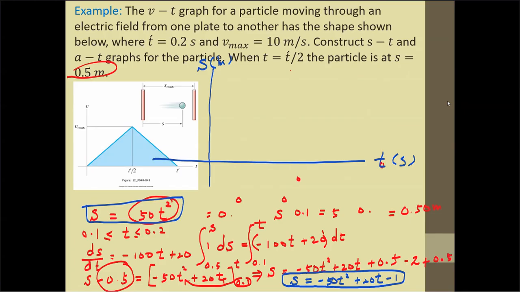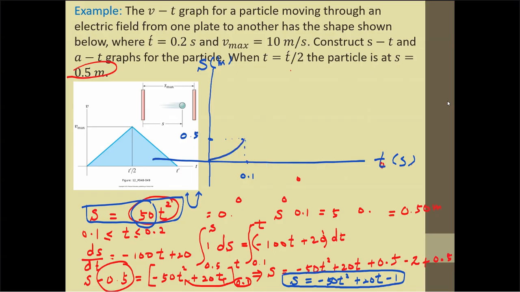Okay, then this is positive, so it opens up in a U shape. Start from 0. When time is 0, then 0. Then when time is 0.1 seconds, its position was 0.5. So this value is 0.5. Opens up in a U shape. So this is it, like this.